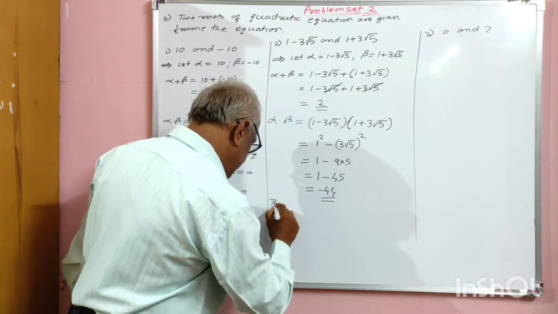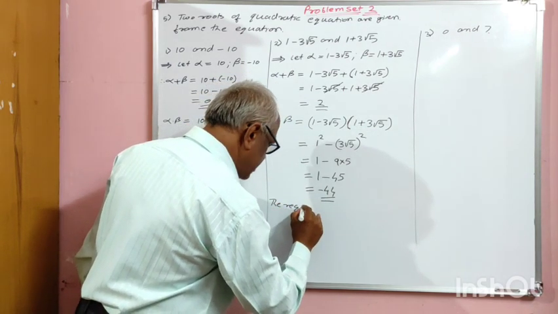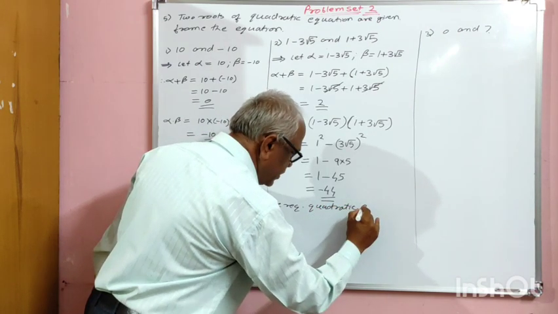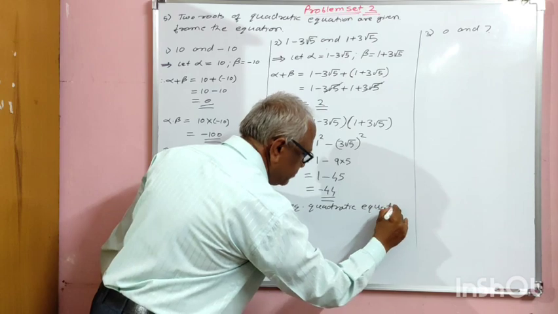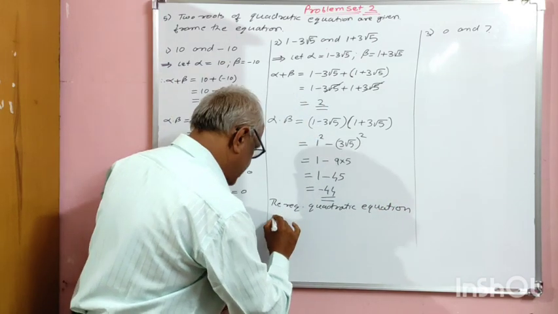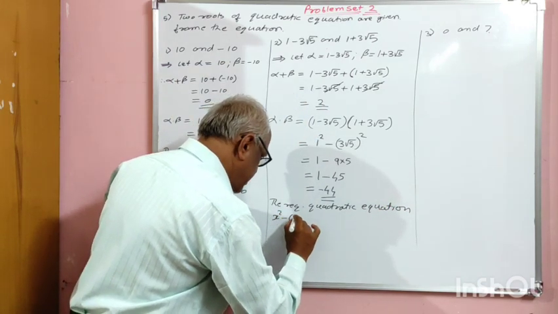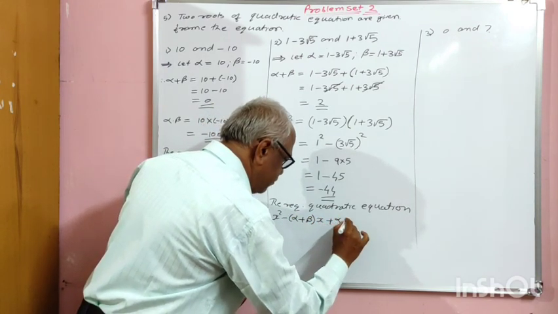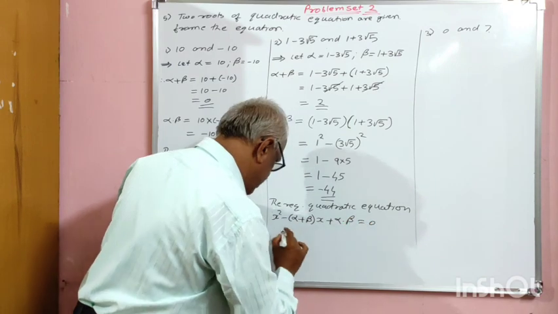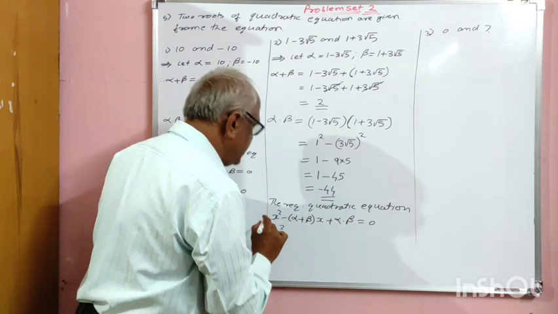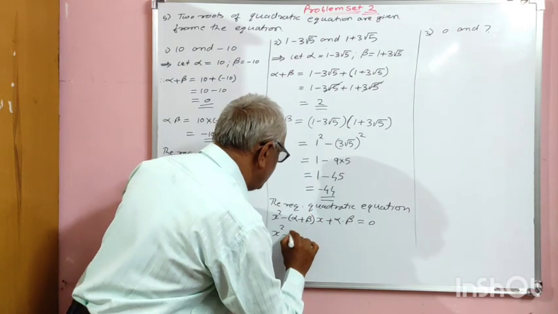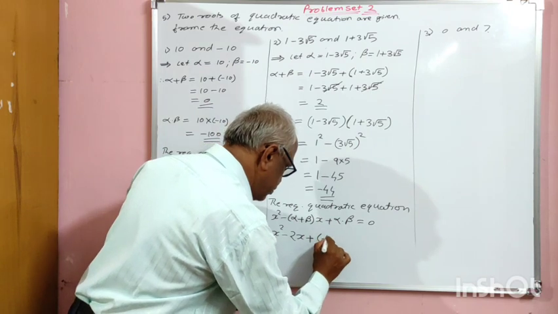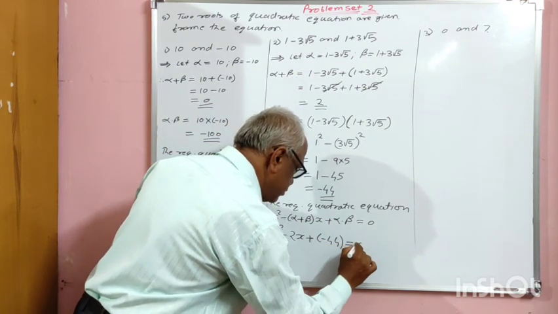Now the required quadratic equation is x square minus alpha plus beta x plus alpha into beta is equal to 0. x square minus alpha plus beta is 2, x plus alpha into beta is minus 44 is equal to 0.